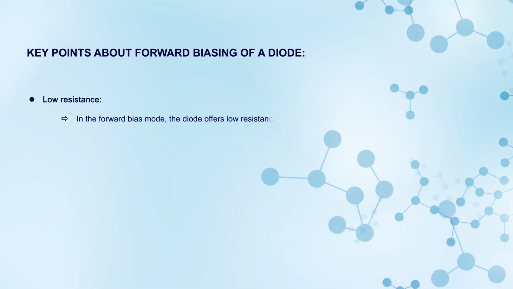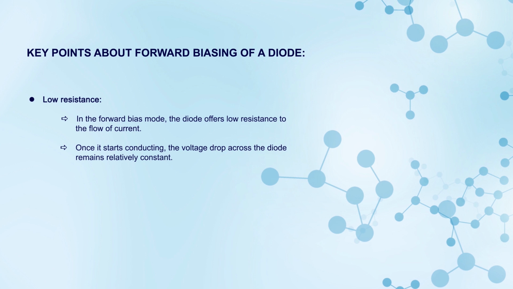Next key point which arises during the forward biasing condition is the resistance of the diode. During the forward biasing condition, the diode offers low resistance to the flow of current, and since the resistance offered is low, the current easily flows from anode to cathode.